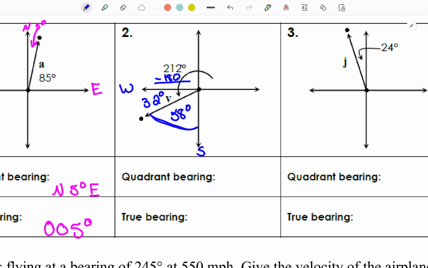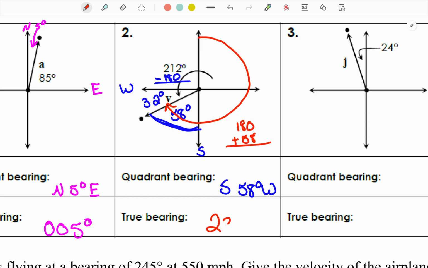So that's what we're going to use for our quadrant bearing: south 58 degrees west. And then our true bearing is going to go from that north line clockwise all the way over, so that's 180 degrees plus the 58, which gives us 238 degrees.